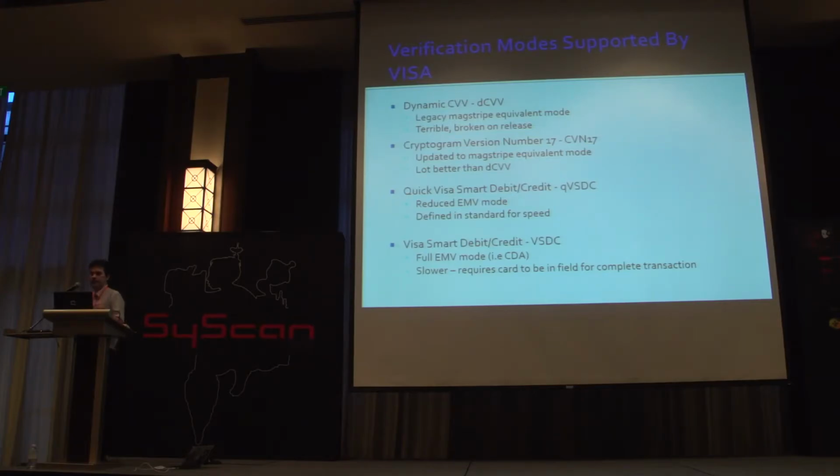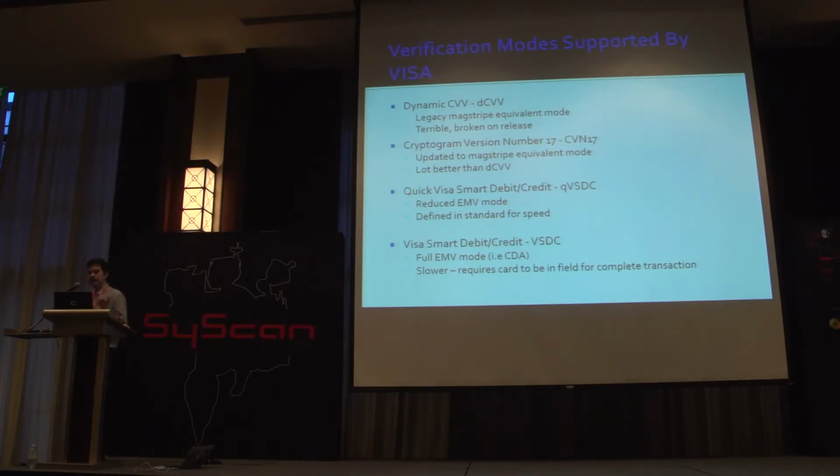You've got quick Visa Smart Debit Credit, which is a reduced EMV mode. Simply put, this is a cut-down version of EMV. So instead of doing all the certificate checking while the card's in the field, you're able to scan the card, take it out of the field, the terminal will do the rest of the work on the transaction, and you can go off. It's basically intended for speed.